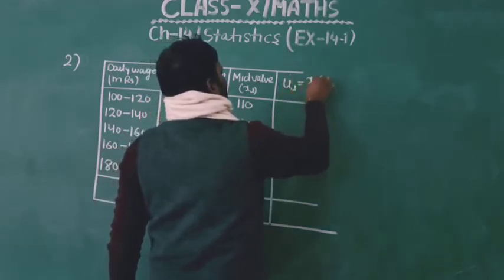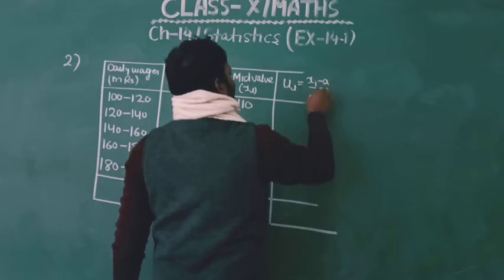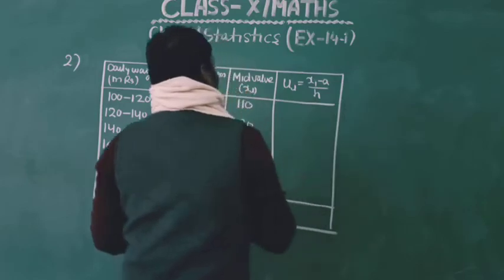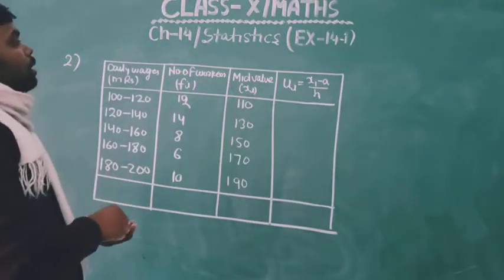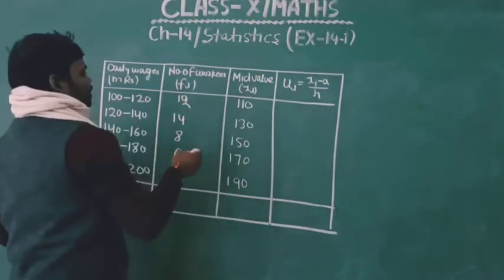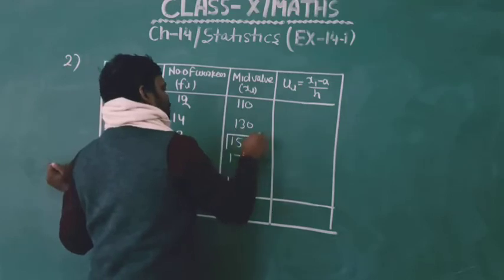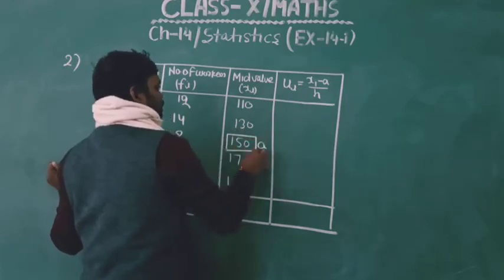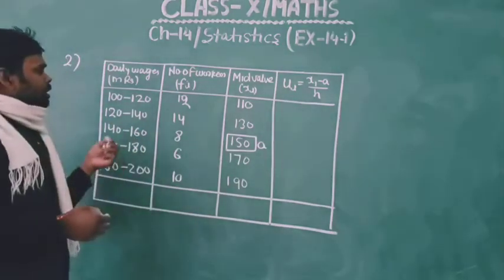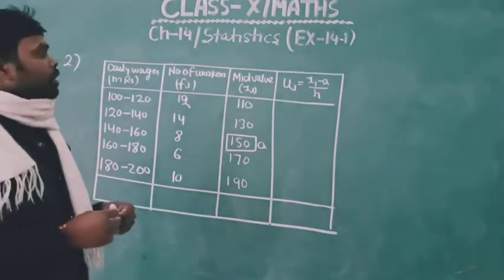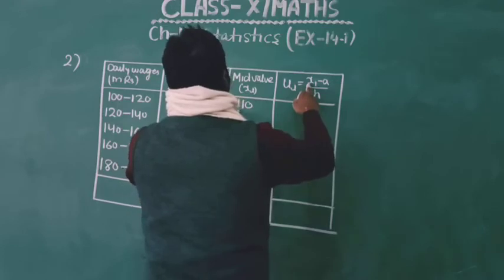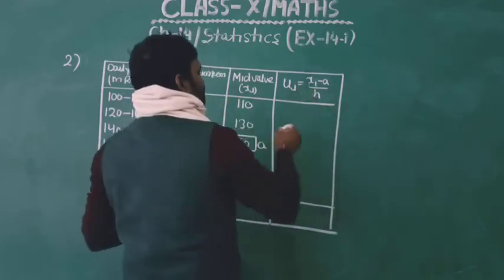Now find ui equal to xi minus a divided by h, where ui is the deviation and a is the assumed mean. Here the assumed mean a is 150, and h, the size of the class interval, is 20. So we subtract 150 from each xi and divide by 20.